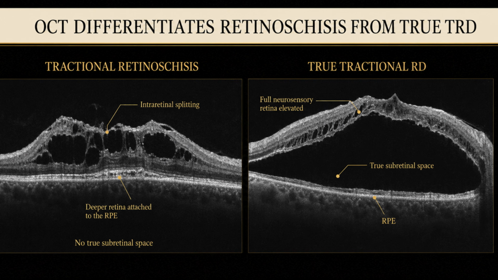In tractional retinoschisis, as we discussed, the separation occurs within the retinal layers, and in true TRD, the full neurosensory retina separates from the RPE, creating a subretinal space. OCT may also show associated diabetic macular edema, outer retinal damage, or chronic retinal distortion, which can all influence the visual potential.